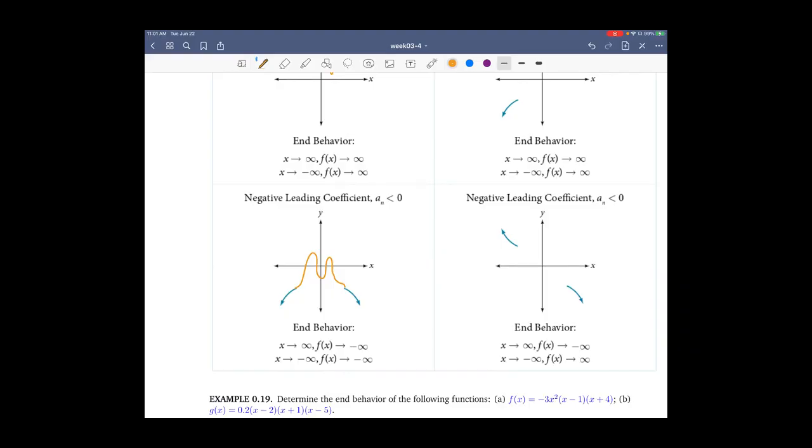It could be any kind of behavior in between infinities, but at both infinities, negative and positive, we have the function going to negative infinity.